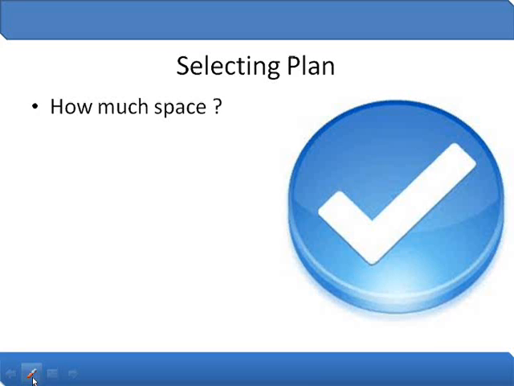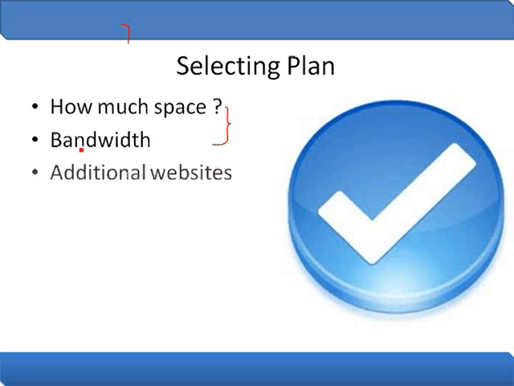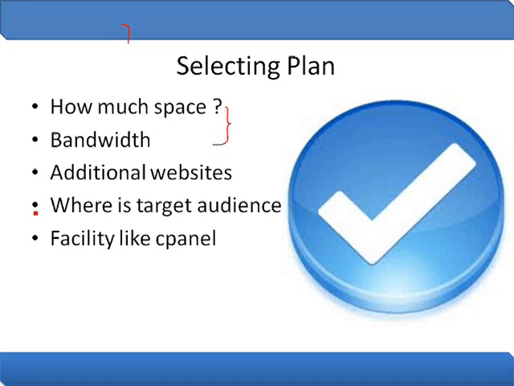Then you can figure out if you need to host any additional websites. If you need to host any additional websites, you can make sure that you get a plan that is offering add-on domain options. Then find out where the target audience comes from. Then you can make sure that the web hosting account has a GUI panel like cPanel.